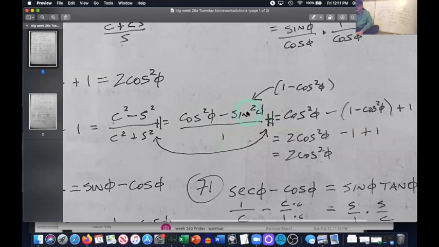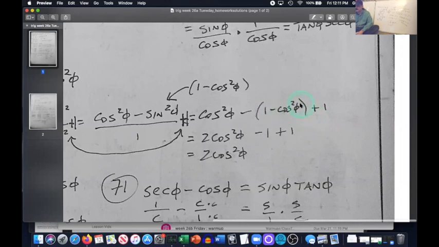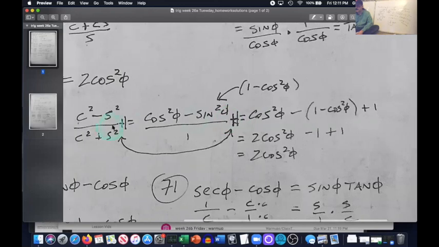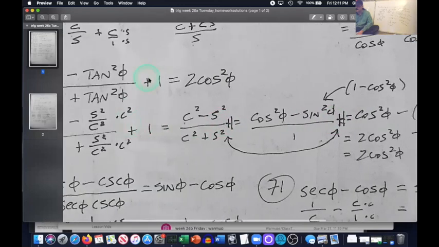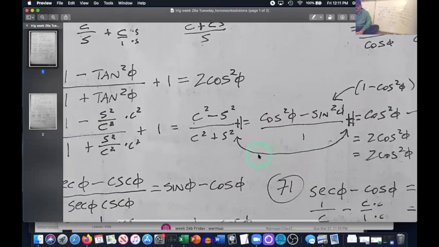And then once we're at this point, if we're trying to get this to be 2 cosine squared, we need to make that sine squared into cosine squared, which means replacing the sine squared with 1 minus cosine squared, and that gives us our trig identity. And that's a plus 1 there in case you didn't catch that. I squeezed that in because that's what was over here. So then that minus gives us the minus 1 plus 1, then we're done.